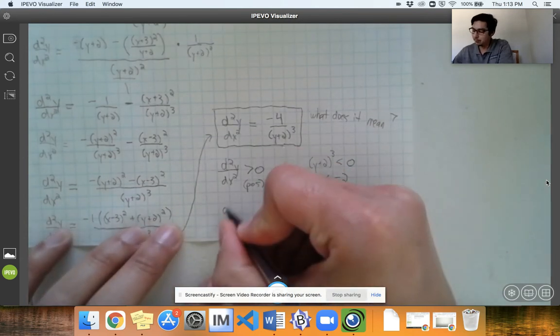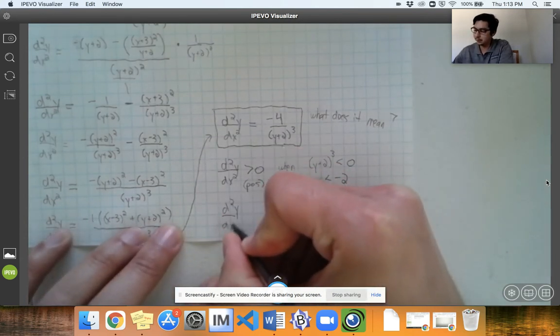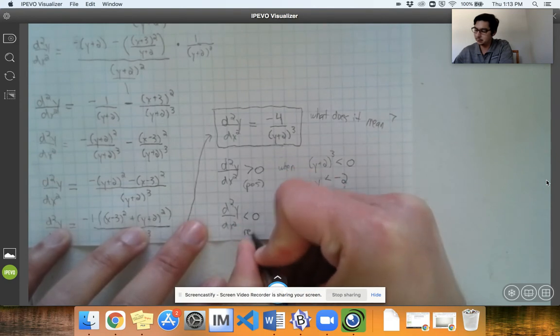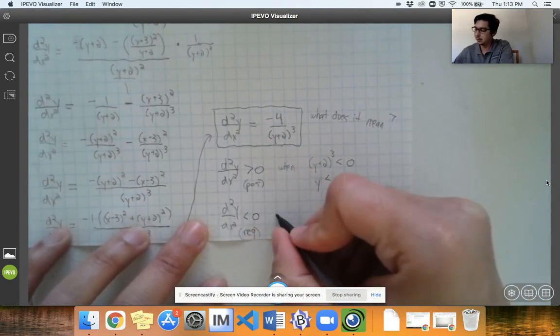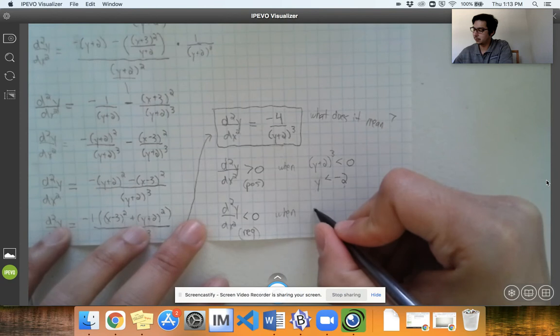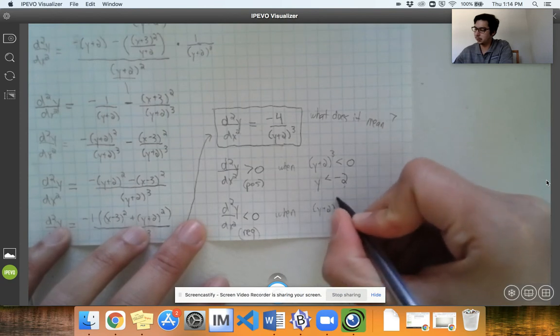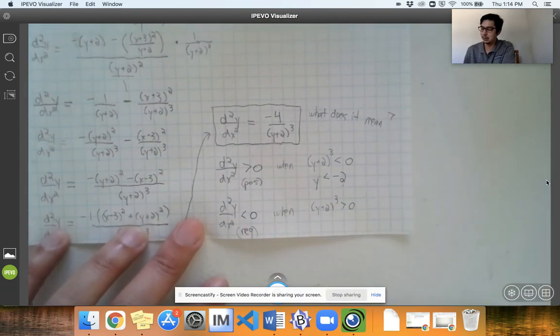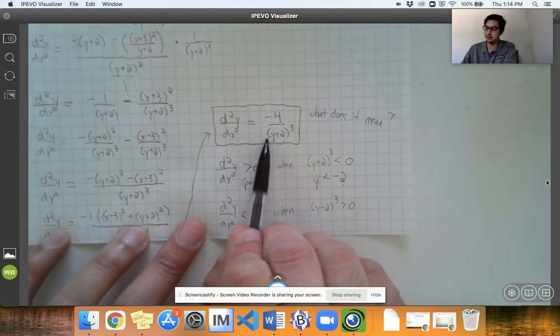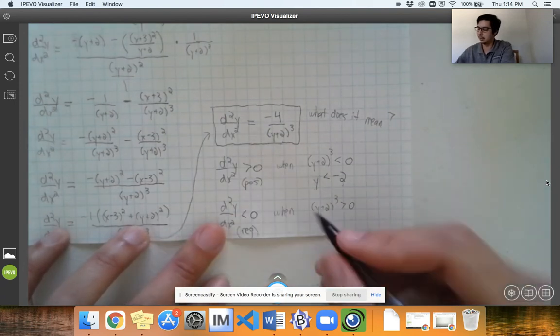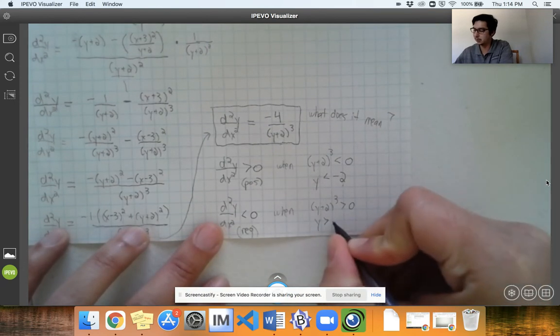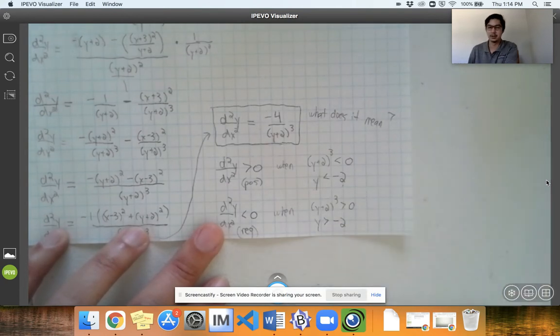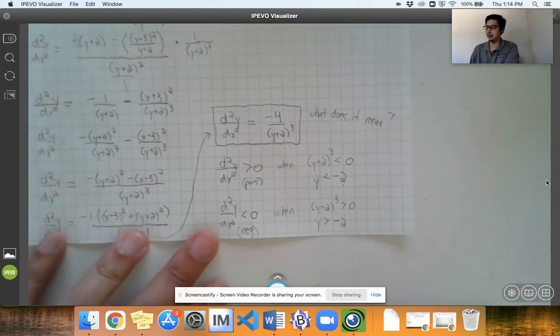And we could even say that the second derivative is negative when (y + 2)³ is greater than 0, because then a negative and a positive would result in a negative, and that's the case when y is greater than negative 2. Now, how does that relate to this circle?